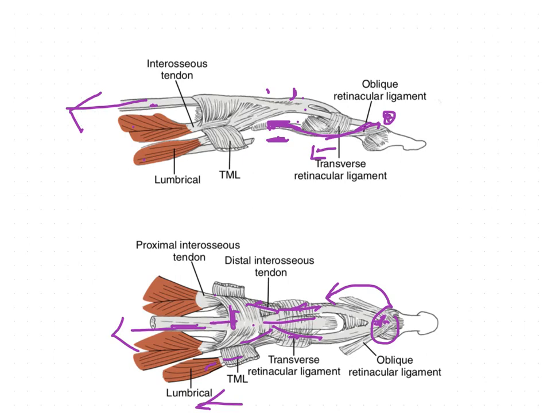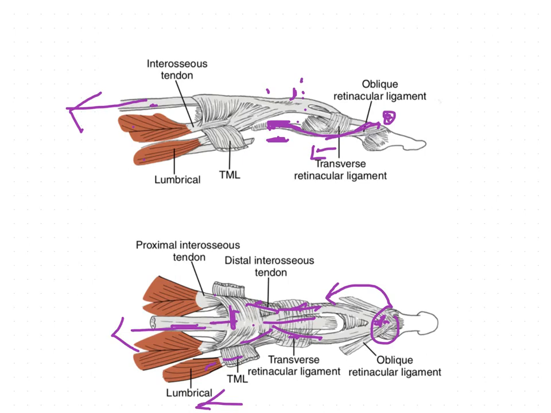Once the DIP is extended, PIP extension occurs simultaneously, and if PIP extension occurs, DIP extension also takes place. So this is about the extensor mechanism.